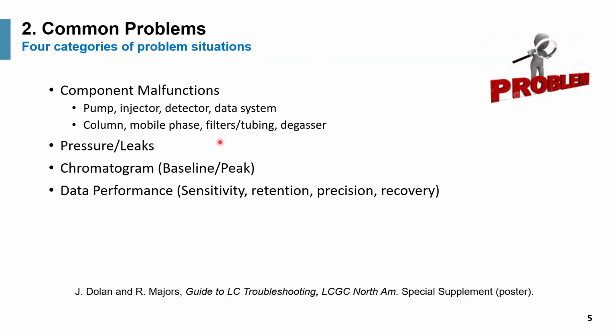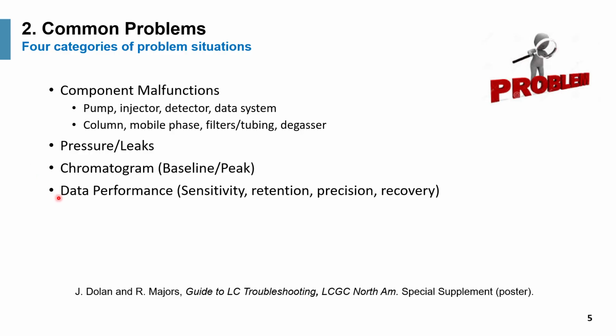So the common problems we mentioned are in 4 categories: component malfunction from the different major modules, a column situation. Mobile phase could be a cause of the problem. Sometimes filter, tubing, or degasser could be a problem. Next is the pressure type of problem, which can come from leaks or something being plugged up, like the frit or the inlet frit of the column.